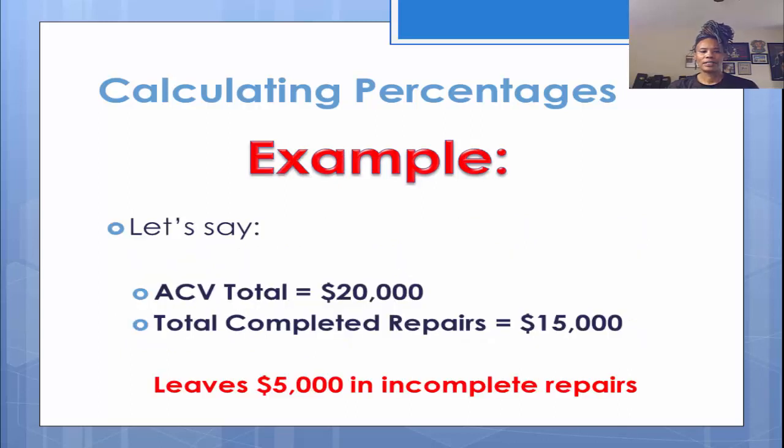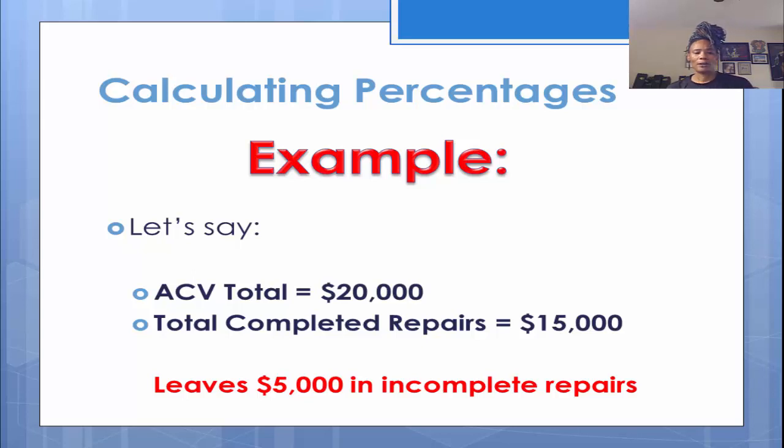So the first example here, let's just say the ACV total is $20,000. So basically it's going to cost me $20,000 to fix my house, to get it back to the way it was. And the contractor has completed repairs, and I went through the scope of repairs, and they have about $15,000 of completed repairs done.